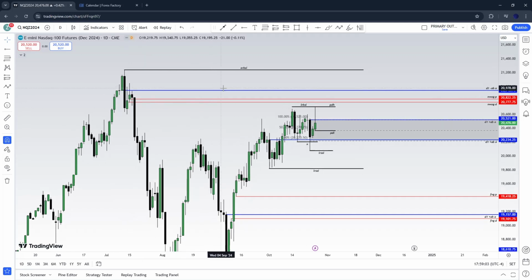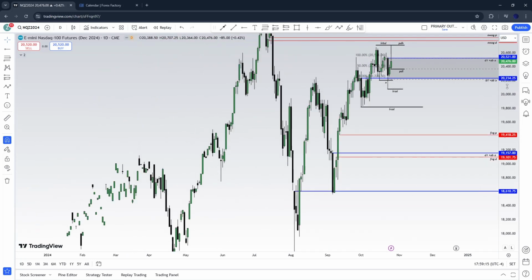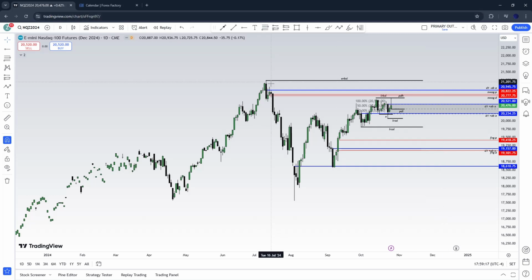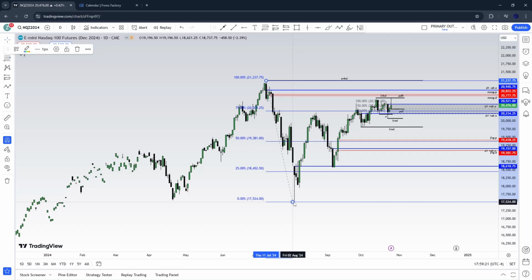So you've got all of these premium arrays highlighted, which have not been tapped into, whilst we're hovering inside of a premium array, which in actual fact, if you take a look at the range which we're working in, if I can get the fib, relative to the range that we're working in, we are in deep premium.